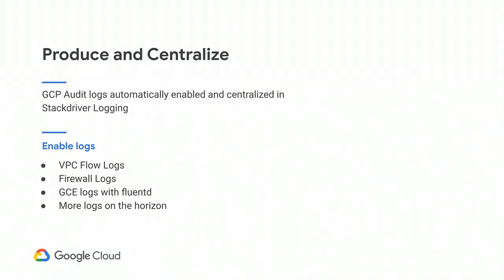You can also additionally enable your VPC flow logs, your firewall logs. You can carry logs out of your GCE instances using FluentD. And we're looking at even more log types on the horizon. So in GCP, you have good logging by default that you can make better by turning things on, like VPC flow logs, like your firewall logs, like GCE logs with FluentD.